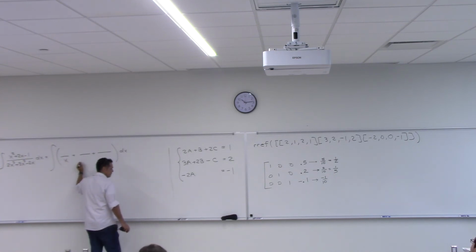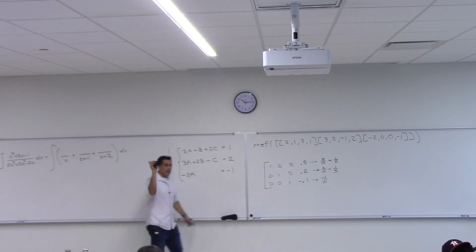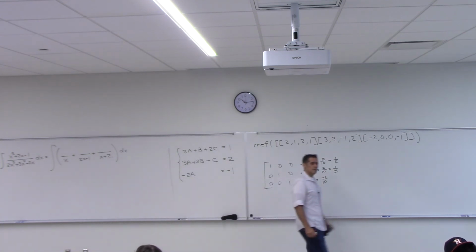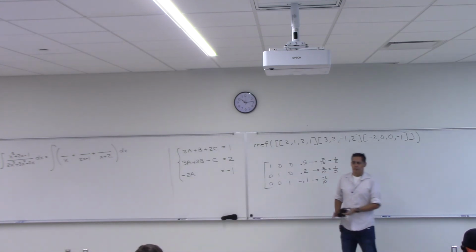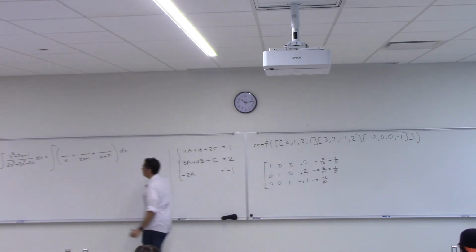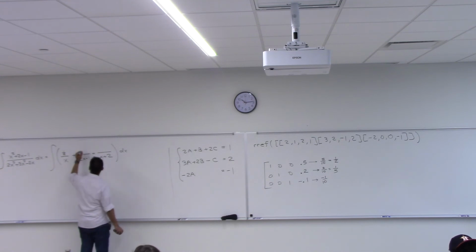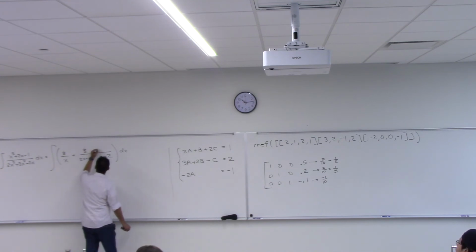It was over 2x minus 1. And then this one was the x plus 2? Right, and we had A, B, and C on top of those. And we know what our A, B, and C are. Our A was a half, our B was 1/5, and our C was negative 1/10.